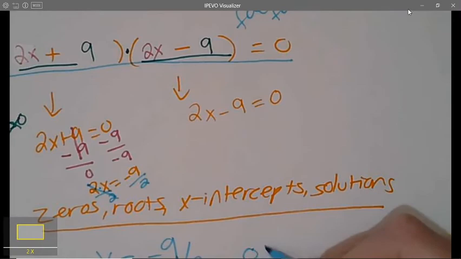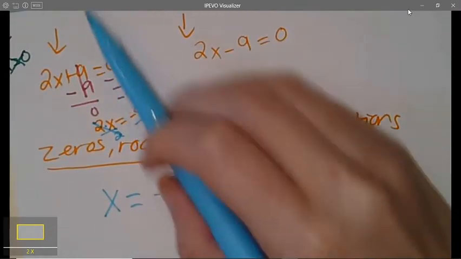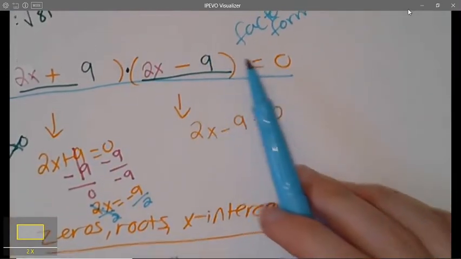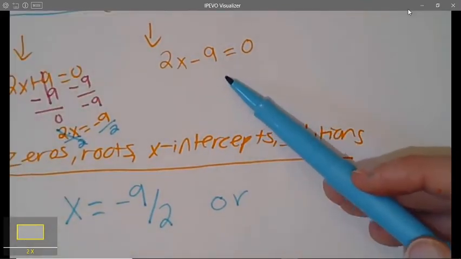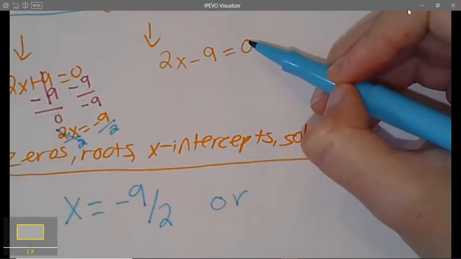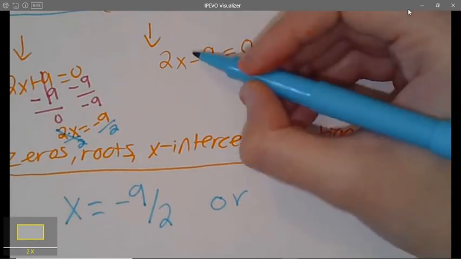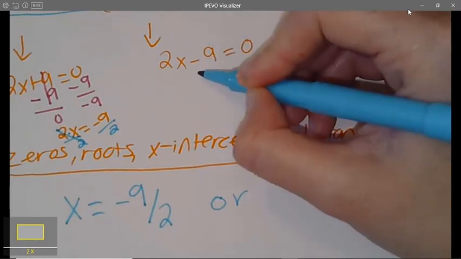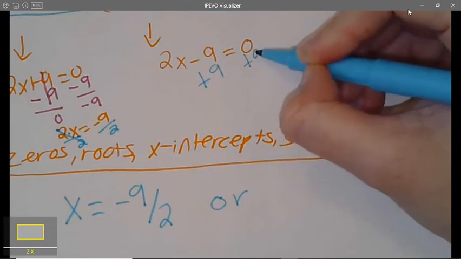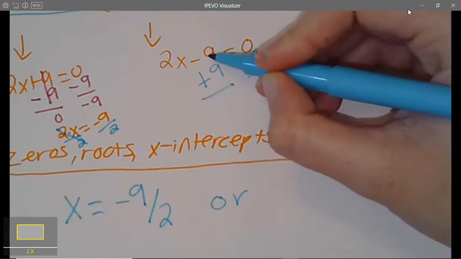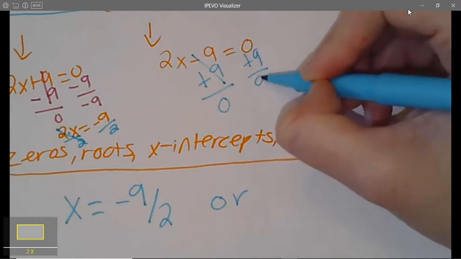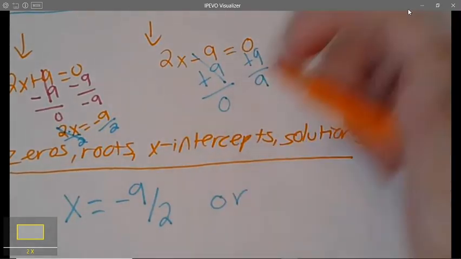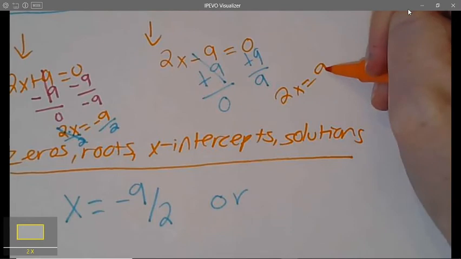That could be one of our answers, that if you were to substitute it back into factored form, you would get 0. Or our other option is this one right here. I'm going to bring the negative 9 to the other side, which the way you bring negative 9 over is by adding that thing on both sides, which negative 9 plus 9 will cancel and turn to 0. 0 plus 9 is 9. So then you're left with 2x equals 9.